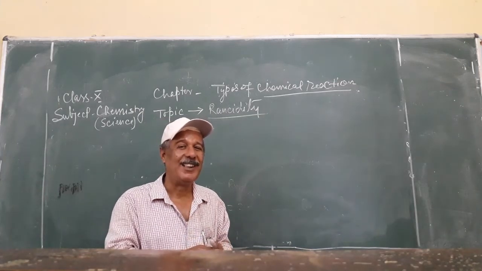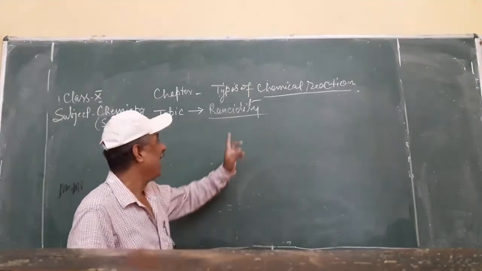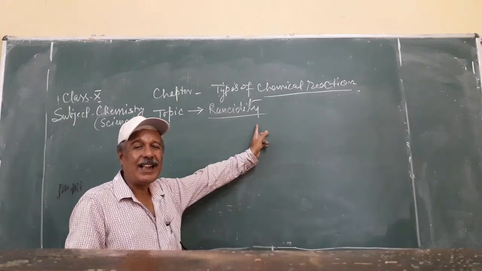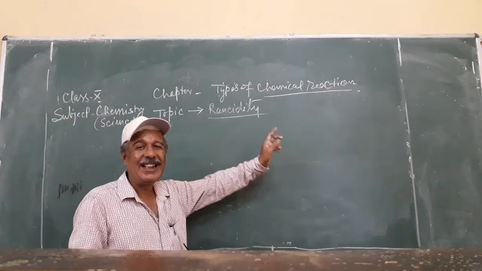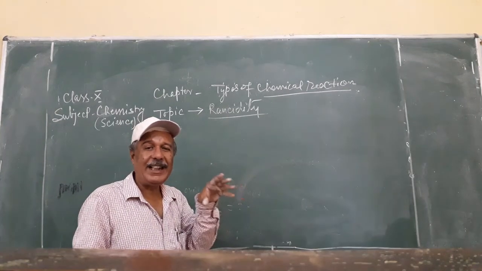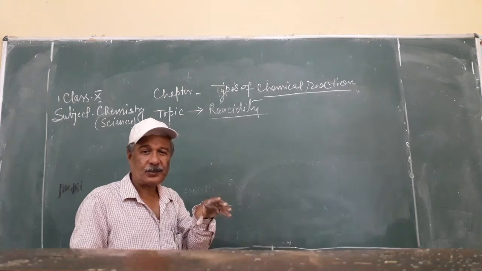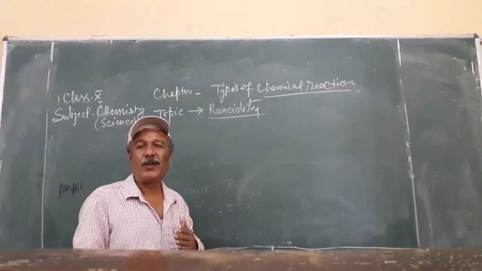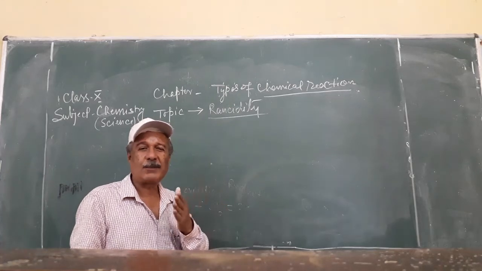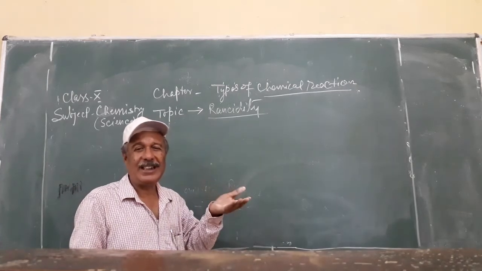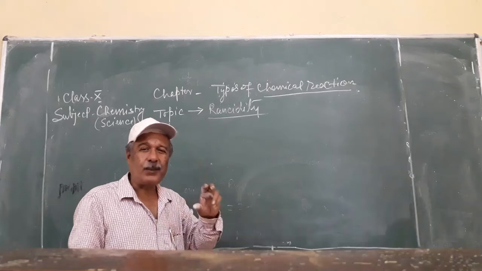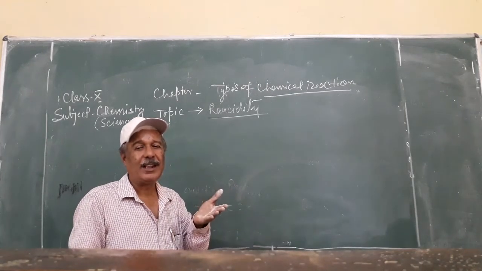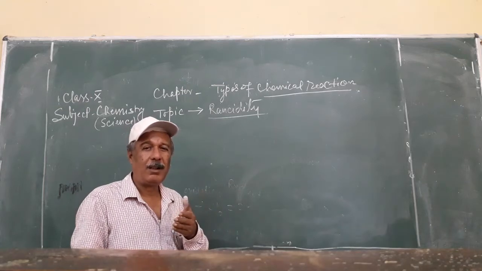What happened? It suffered a phenomenon, and that is known as rancidity. So when any food material is fried in any edible oil or vanaspati ghee or natural ghee, and it is kept for a long time, then it is not eatable now.